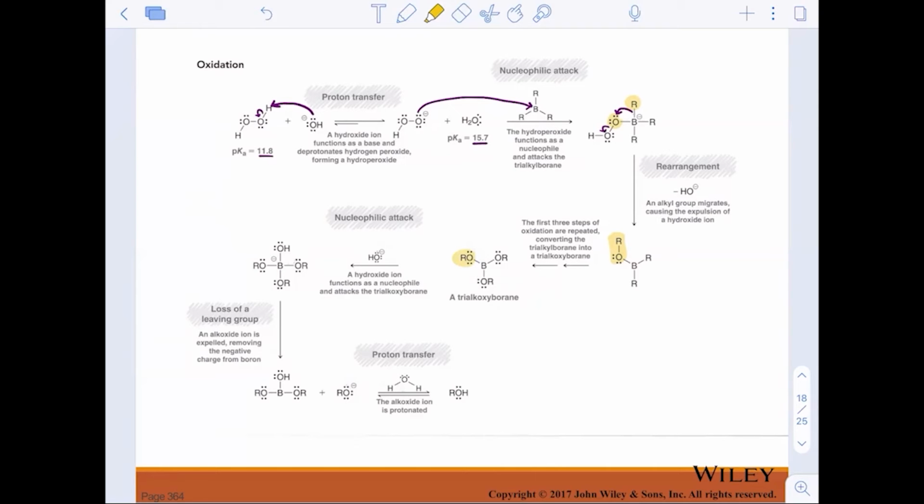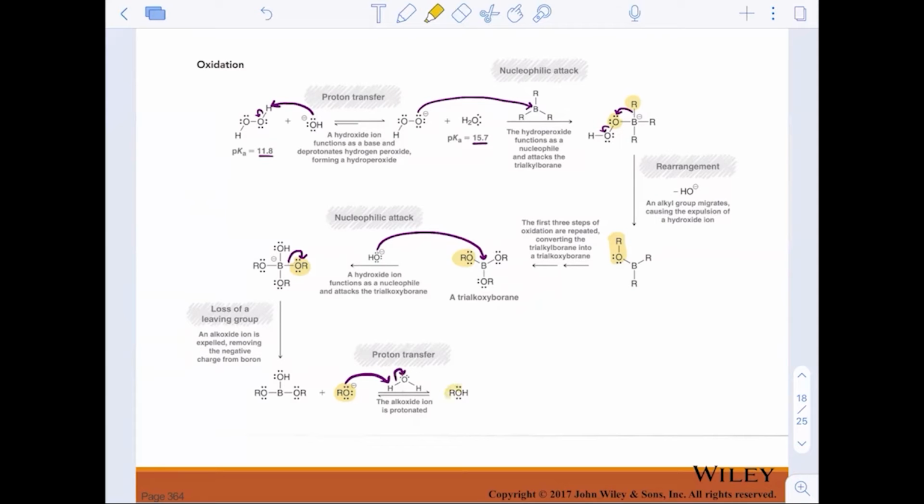Now, I'm going to press forward with just highlighting one of those oxygens. Now, hydroxide comes back to do another nucleophilic attack. And then that's where we have a loss of a leaving group. Our OR group is going to get kicked out so that we can create our final alcohol, right?